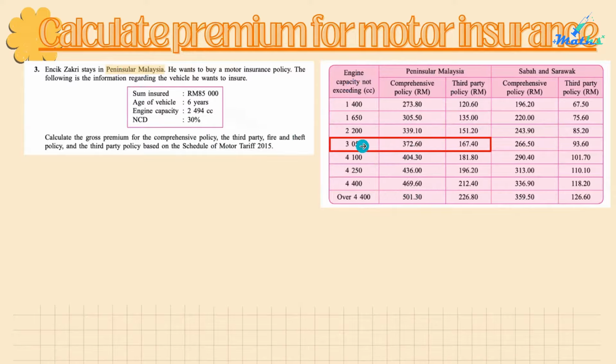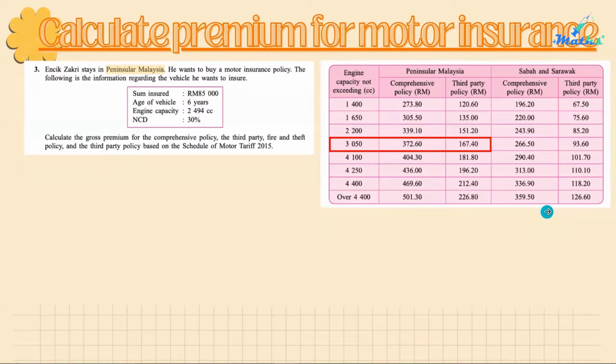And the CC of the vehicle he wants to insure is 2494, which is not exceeding 3,050. So for the comprehensive policy and the third-party policy, the rate that we need to use is here.